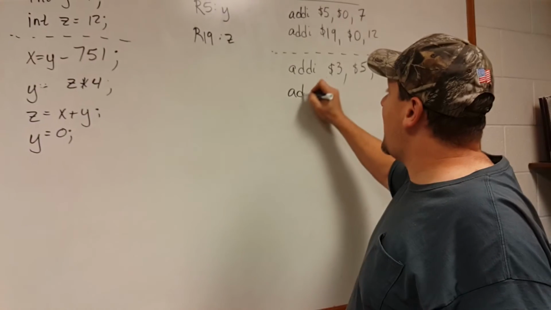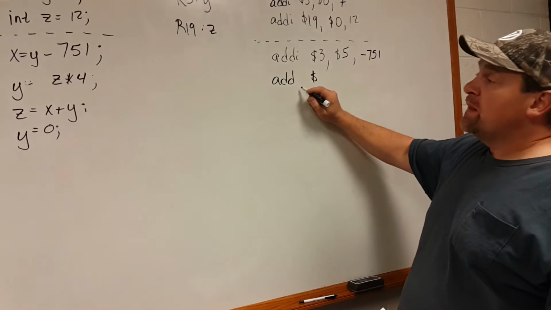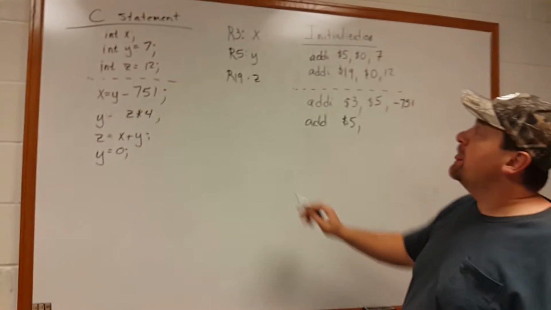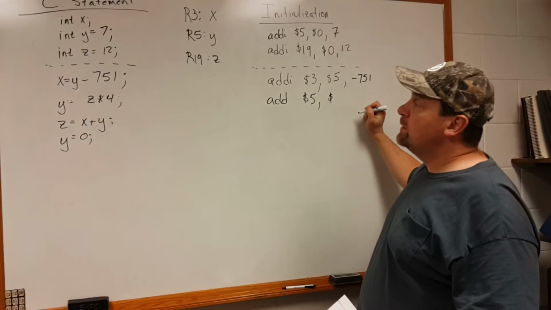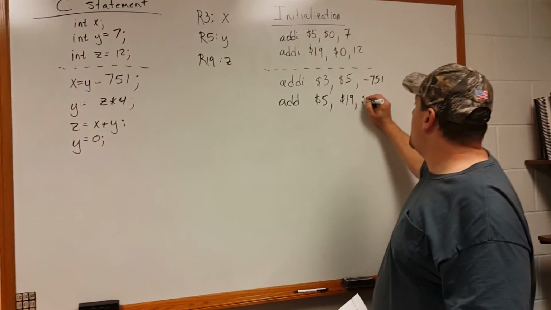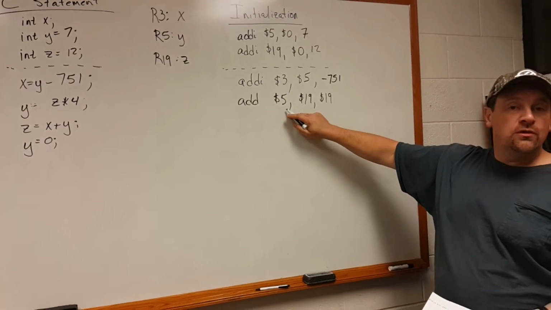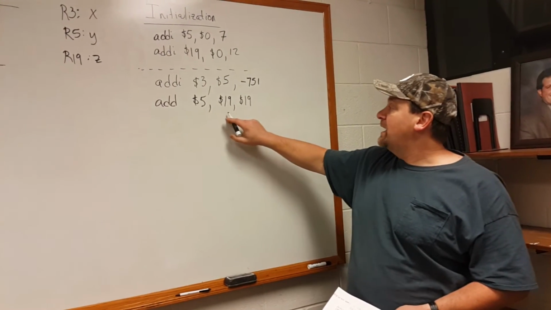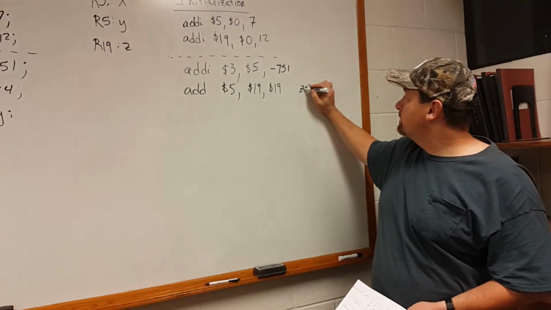We do that by using the add instruction. So, the result, y, is going to be clobbered anyway, so we're going to use register 5. Then, we're going to put the register z, R19, twice into here. So, into the register associated with y, we're going to add 19 and 19, which is z times 2. Okay?